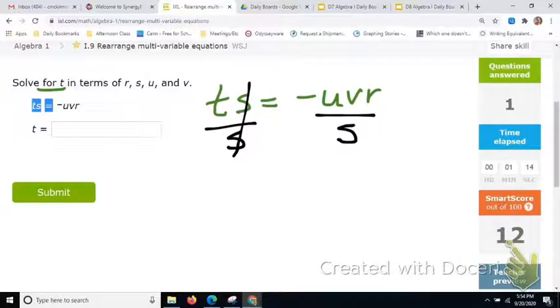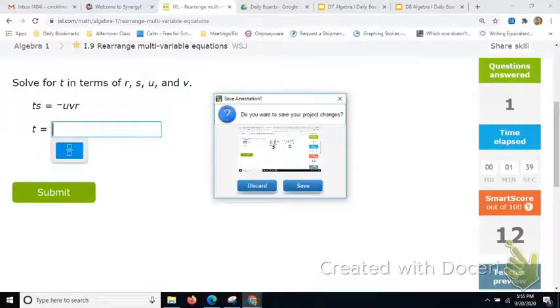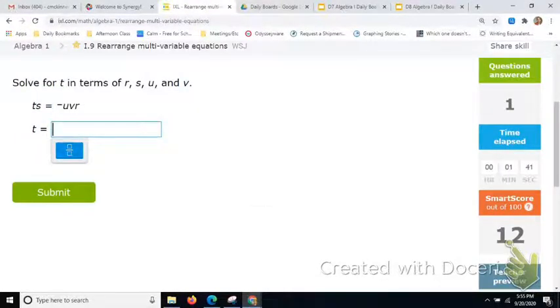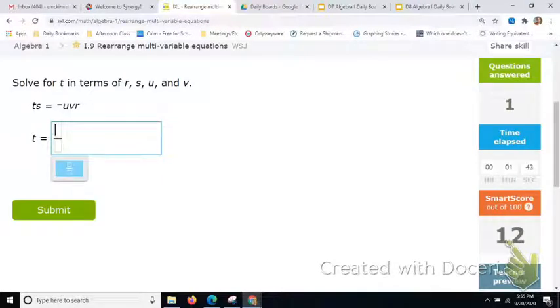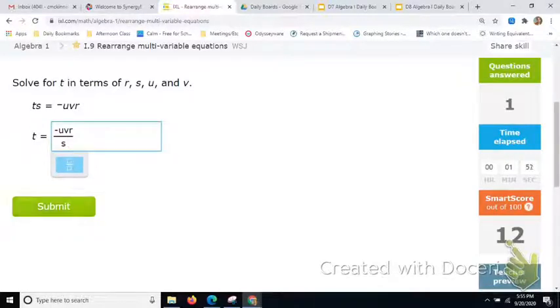So if I come over to my box, once I click on it, I get a fraction bar. On the top, I've got that negative UVR, and in the bottom, the S that had been with the T being multiplied, so to get rid of it, I divided.